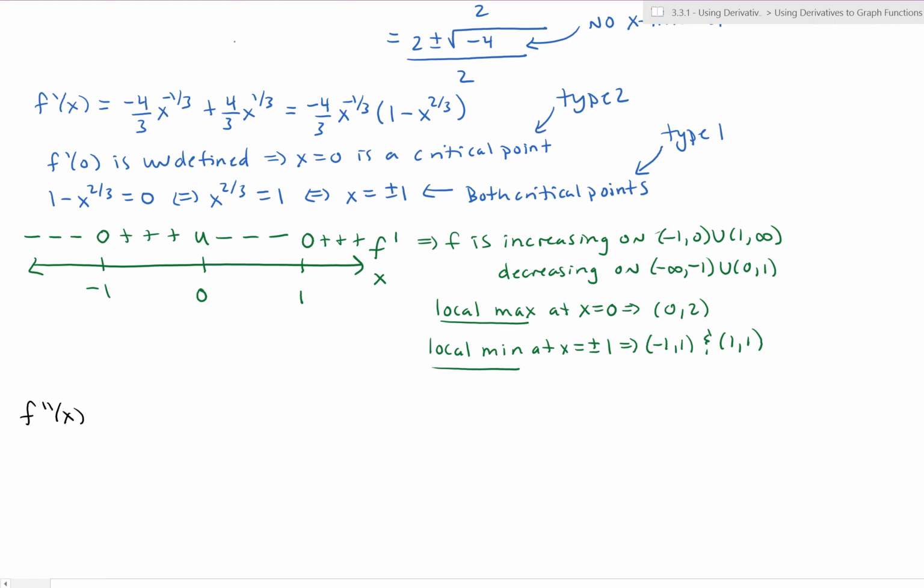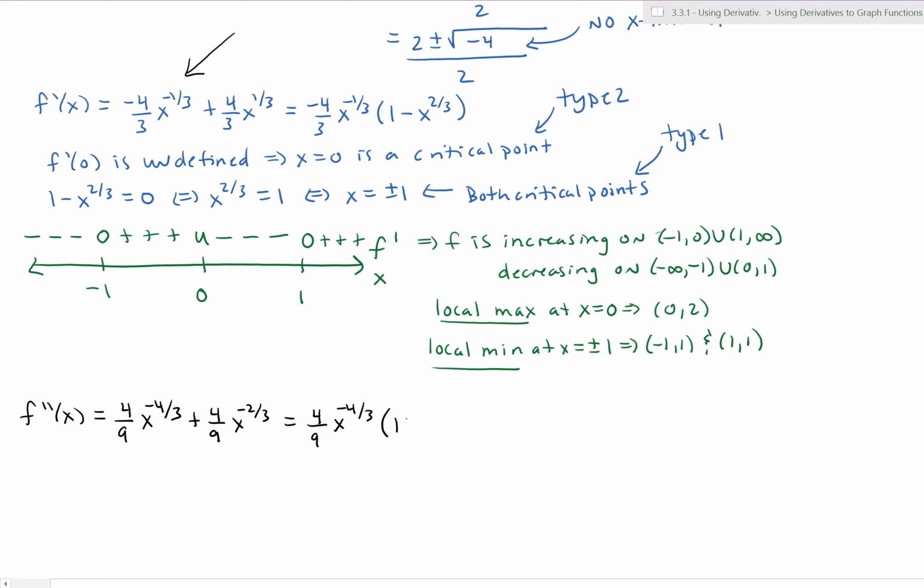So remember, f of x, its derivative is right up there. So if I then differentiate that to get my second derivative, I will get a positive 4/9 x to the -4/3 power, and then plus a 4/9 times x to the -2/3 power. Power rule, power rule. Again, I can factor out some stuff. Let's factor out a 4/9 x to the -4/3 power.